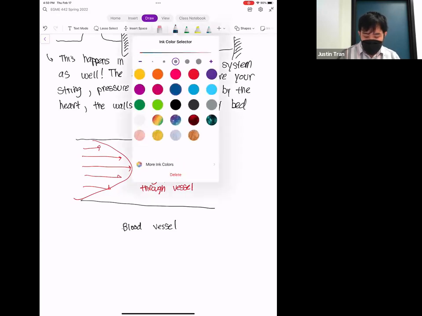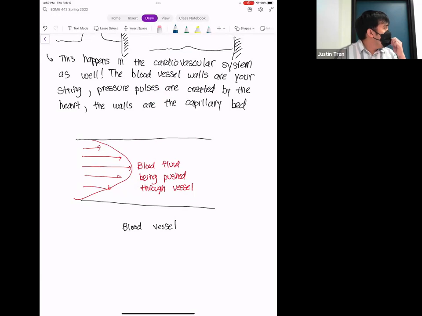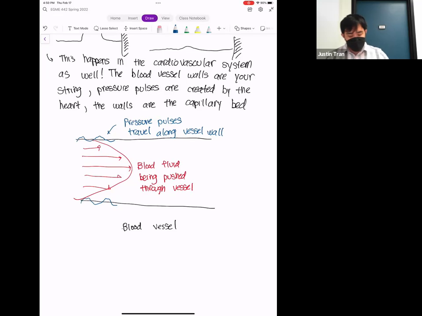At the same time, right alongside the fluid, we have pulses that travel along the vessel wall. Typically speaking, the propagation speed is a lot faster than the blood fluid velocity.